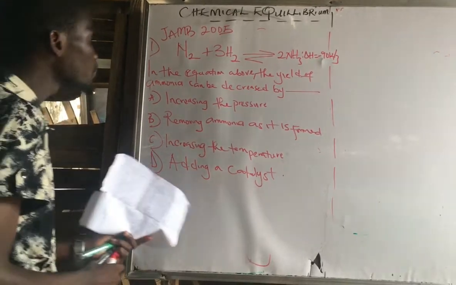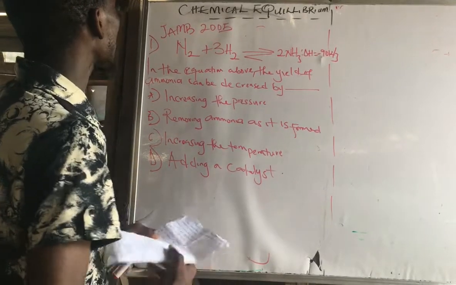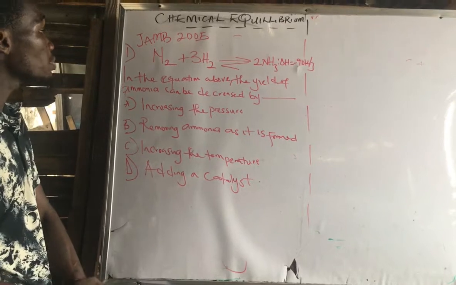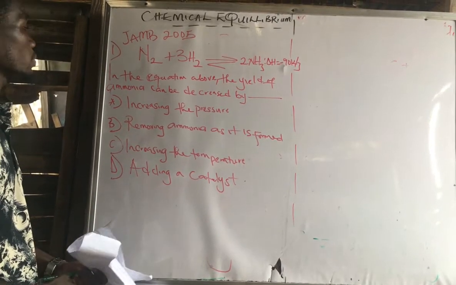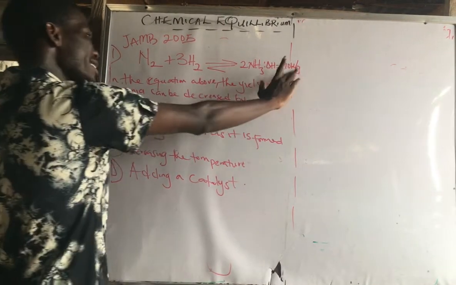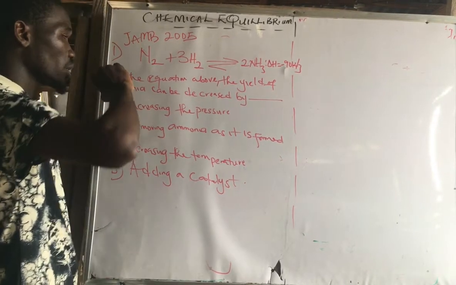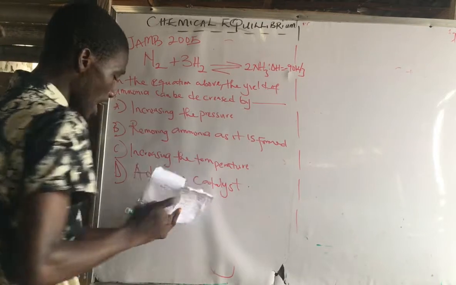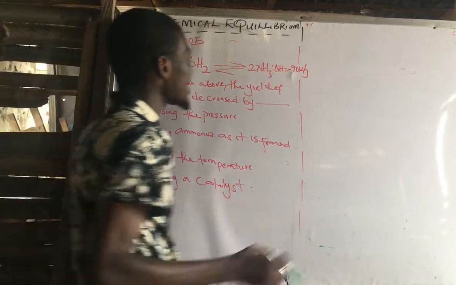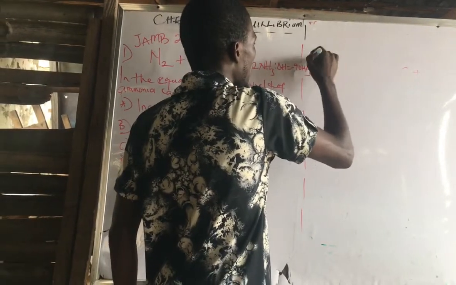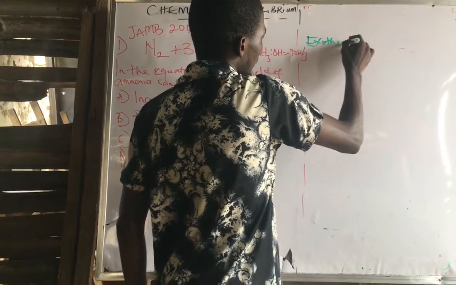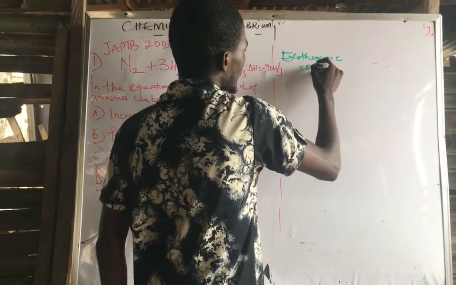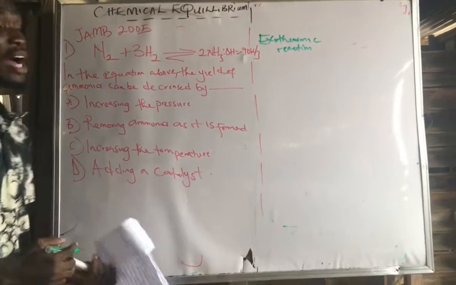So now, in the reaction above, the yield of ammonia can be decreased by, okay, look up. This is telling you guys that the negative sign here means an exothermic reaction.